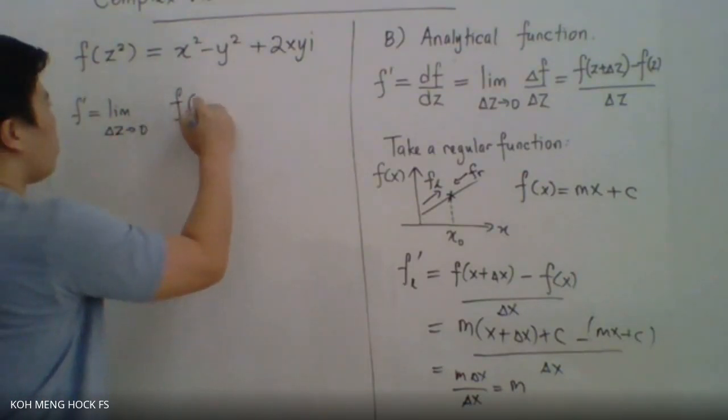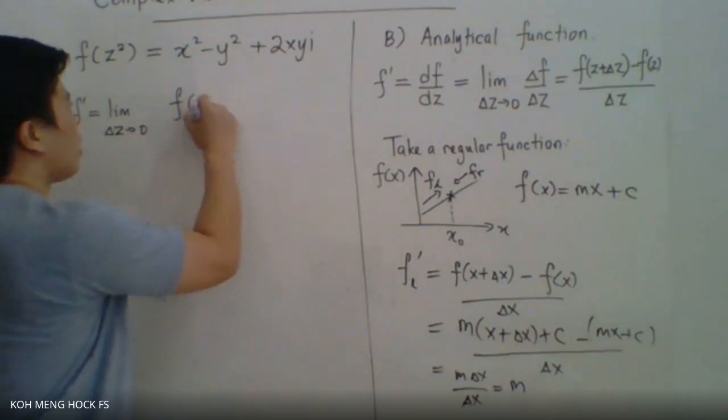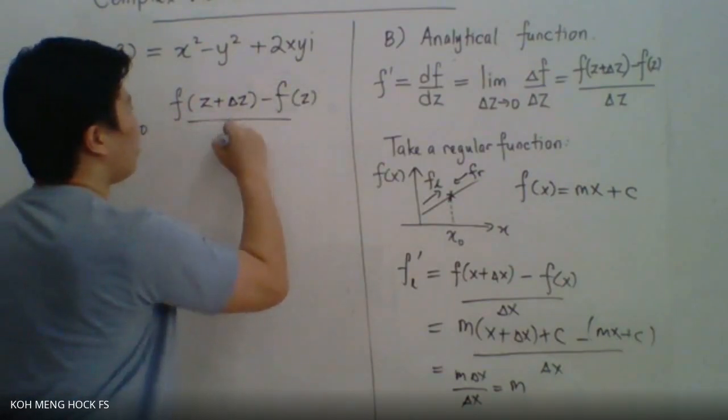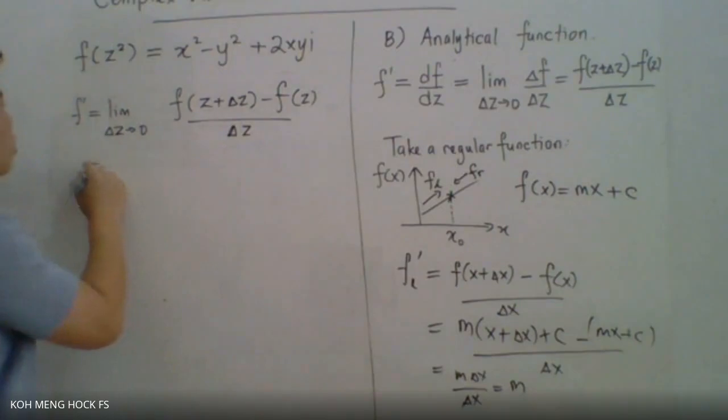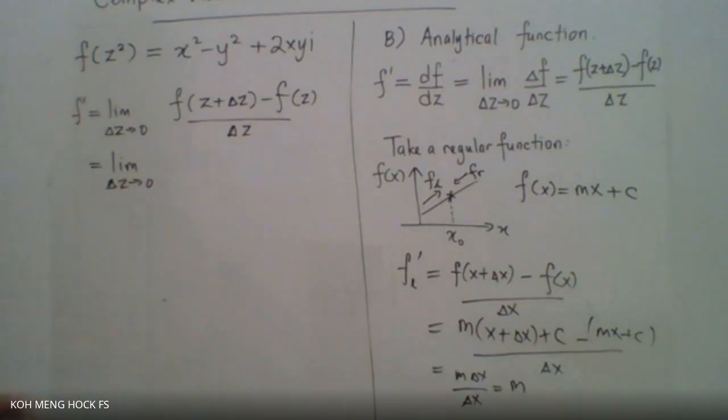So this is f prime of z equals the limit as delta z goes to 0 of f(z plus delta z) minus f(z), divided by delta z. Right. So this is the definition. So it means this one I need to increase by delta z.